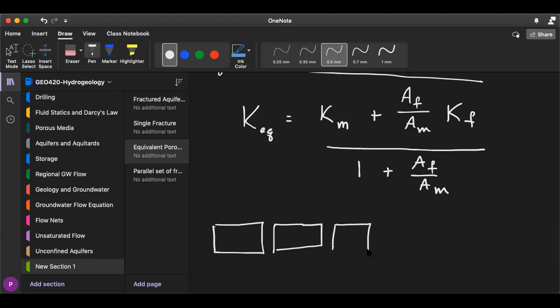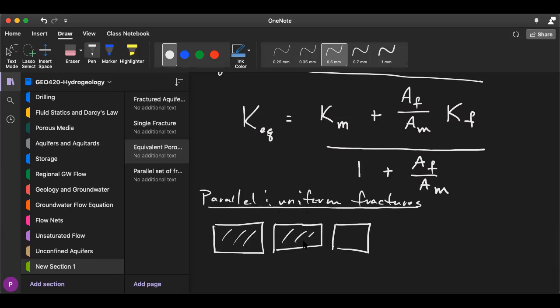And if they're parallel, and so for parallel and uniform fractures, we can consider a line that goes from the half aperture to the half aperture.